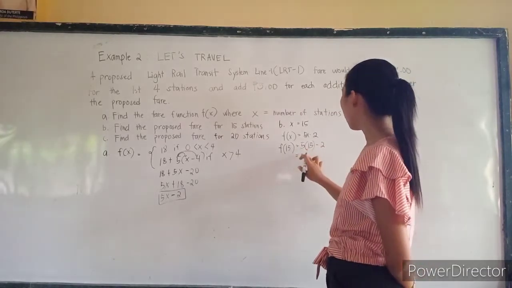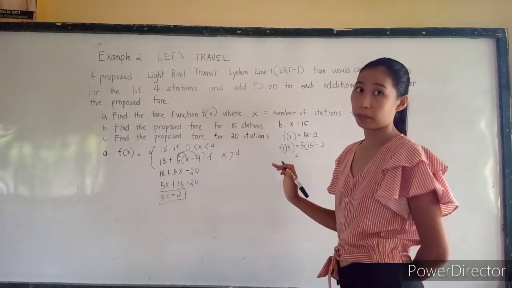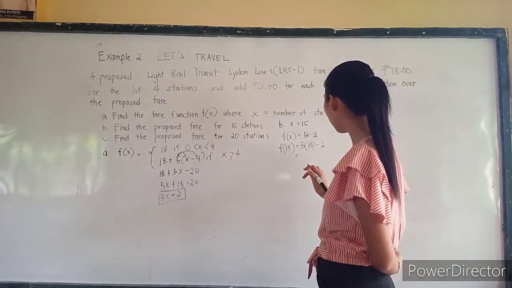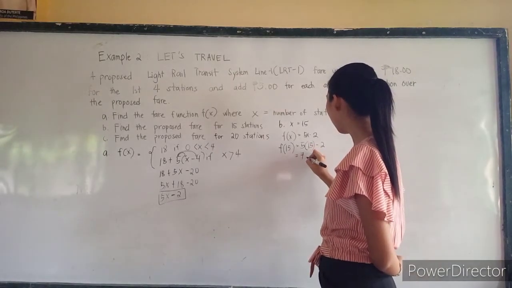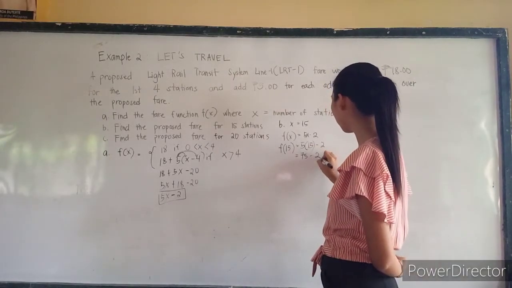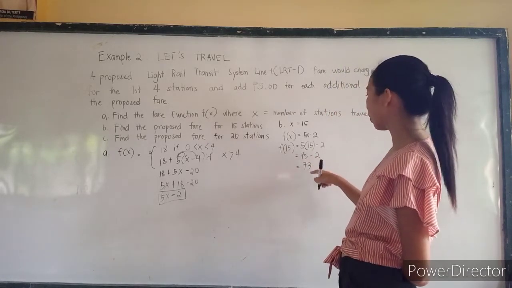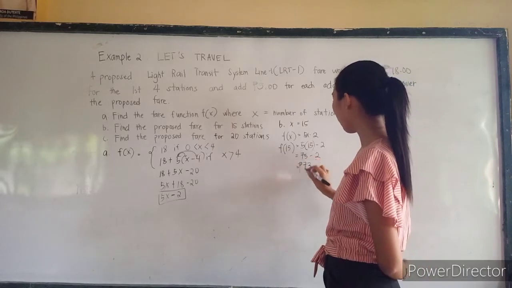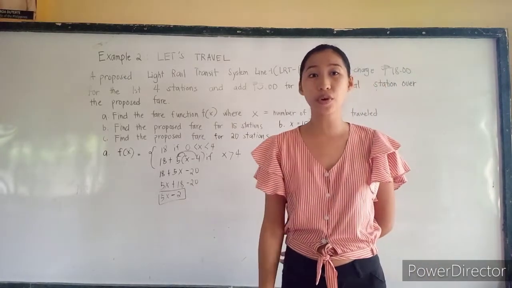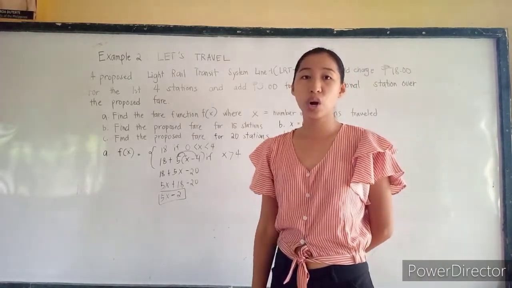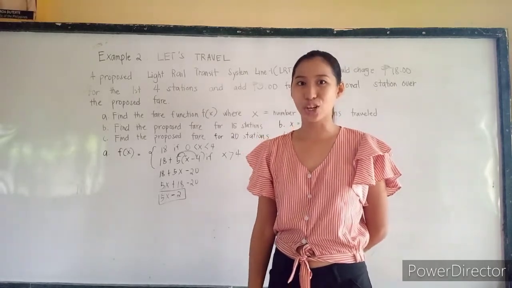Of course, we multiply 5 times 15. That is going to be 75 minus 2. Then this is going to be 73. 75 minus 2 is 73. So you're going to pay 73 pesos if you travel 15 stations.